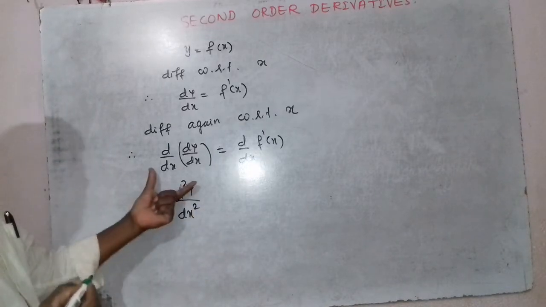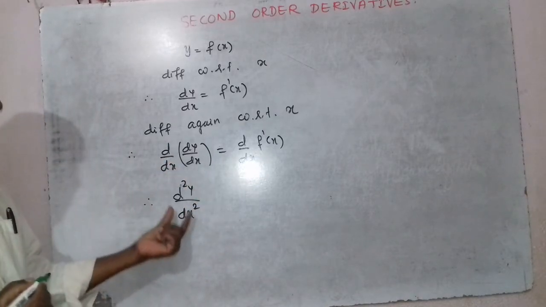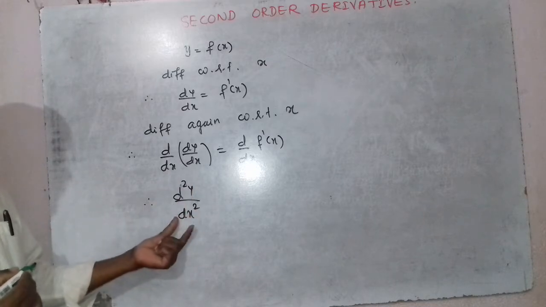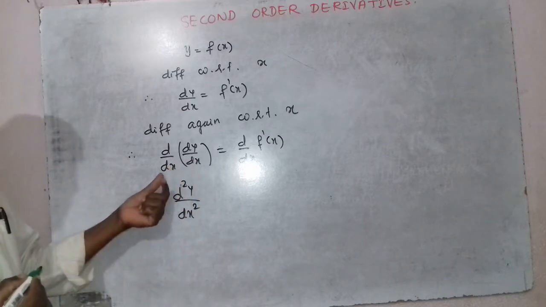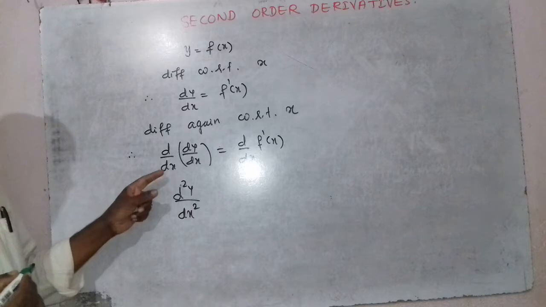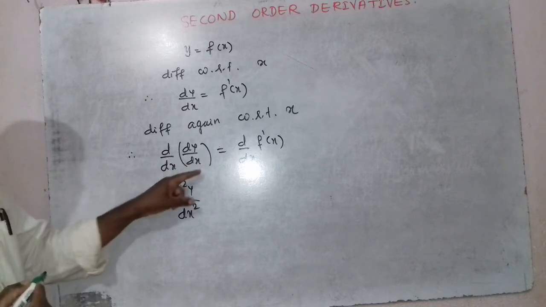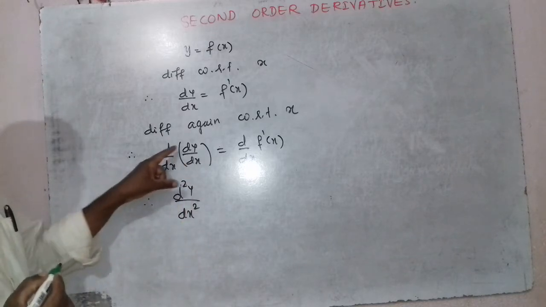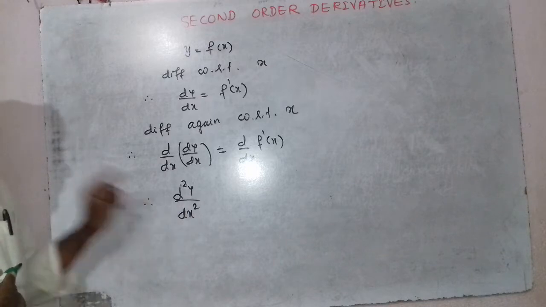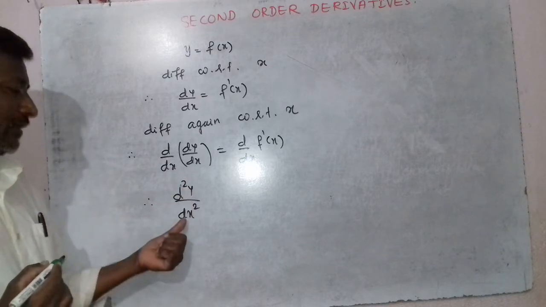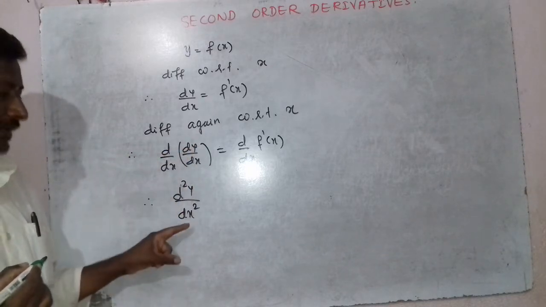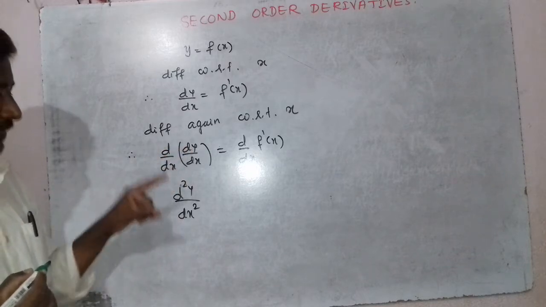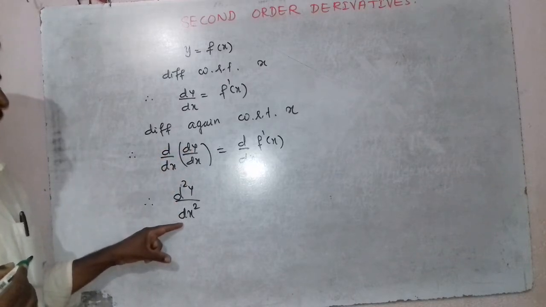You should not write d square x square here. It is a practice that you should not multiply dx into dx. So d square y by dx square is the second derivative, the derivative of dy by dx, the first derivative of the first derivative.